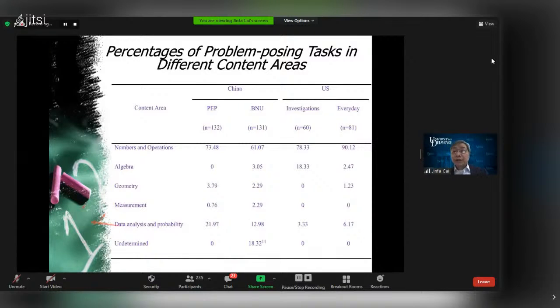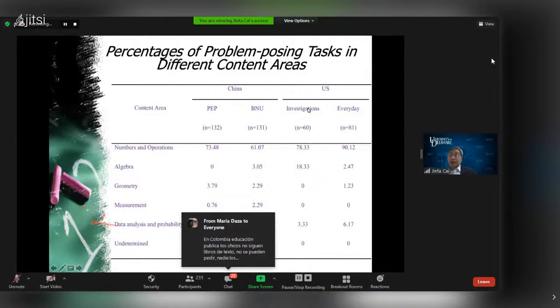Interestingly, for the US ones, the Investigations series has 18% of the problem posing activities involving algebra. It's because this series is embedded in early algebra learning for this textbook series. But in any case, I present this table to you.